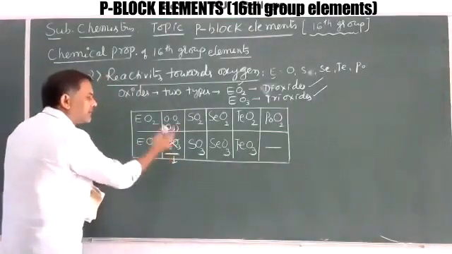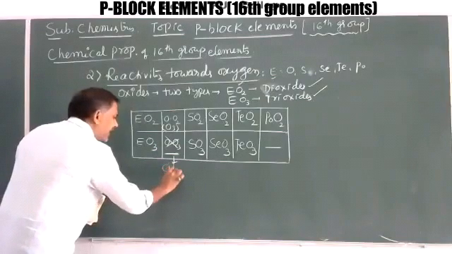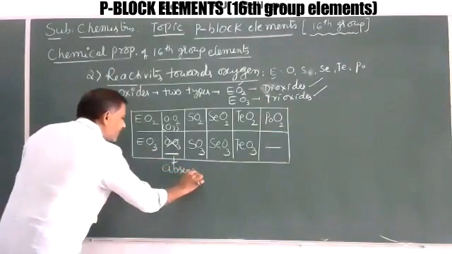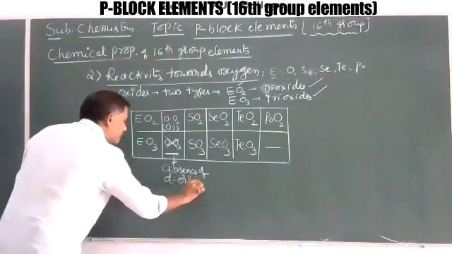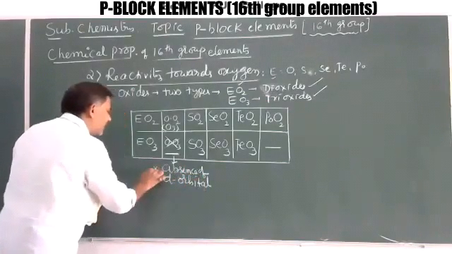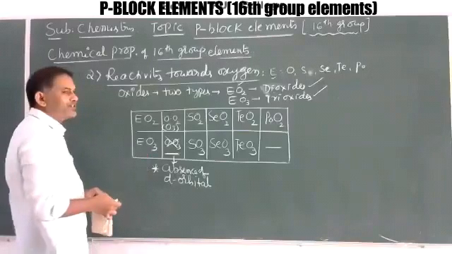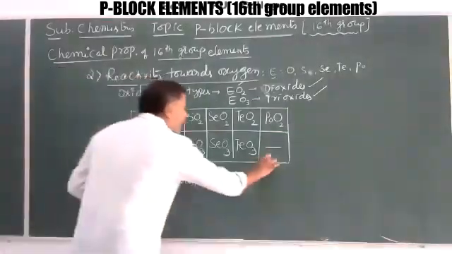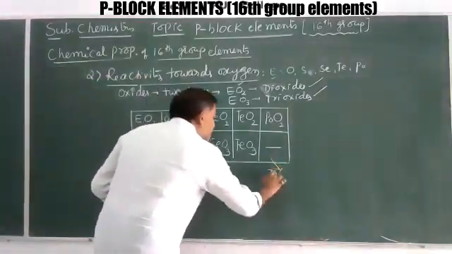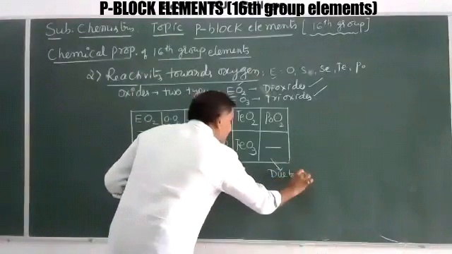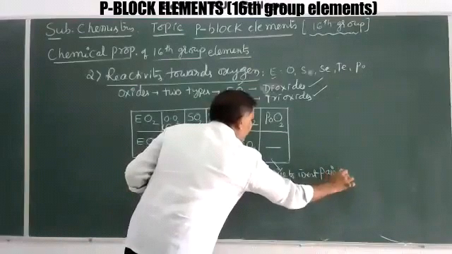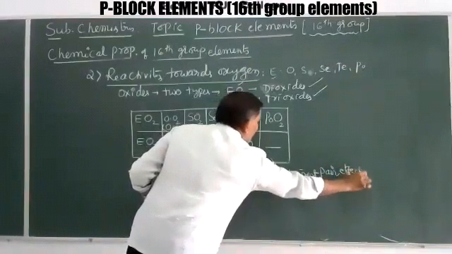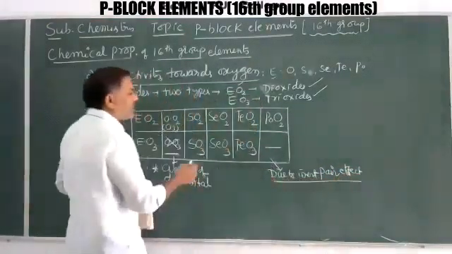Because of the absence of d-orbitals, oxygen does not form trioxides. Due to the inert pair effect and poor shielding effect, even if polonium forms it, it is not stable.